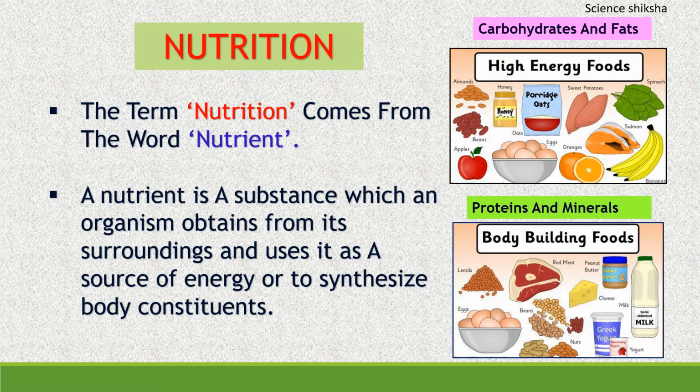Or we can define nutrient as a substance which an organism obtains from its surroundings and uses as a source of energy or to synthesize the body constituents like skin, blood, etc. So there are different types of nutrients, for example, carbohydrates, fats, vitamins, proteins and minerals. Out of these nutrients, carbohydrates and fats are the source of energy and the proteins and minerals are used to synthesize the body constituents.